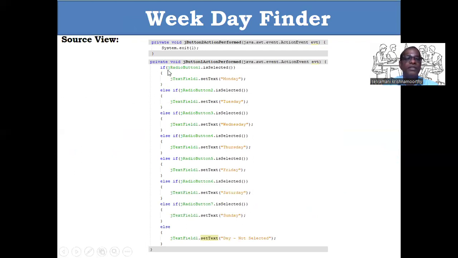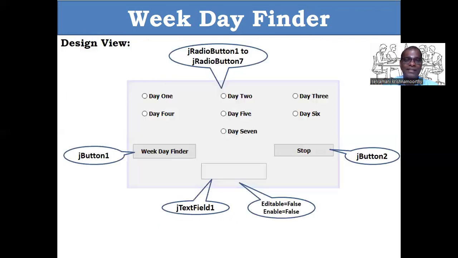Check here. First, we are checking if J radio button 1 dot isSelected. isSelected returns true when the particular radio button is selected, otherwise it returns false. Is it clear? For example, assume this radio button 1 is selected.